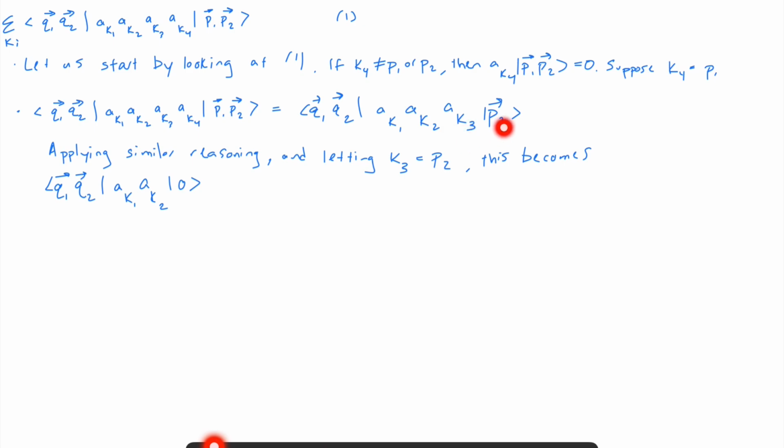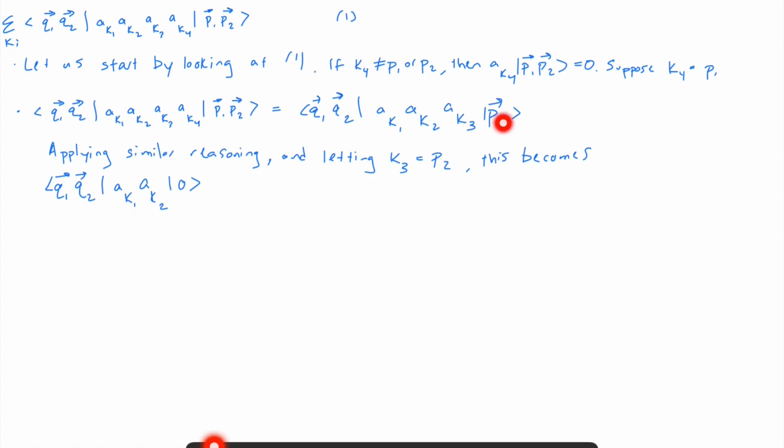Here's a_k3 applied to p2. This takes on a sum, still the sum over all possible p-values. If k3 is not equal to p2 during the sum, that will always give us 0, so that won't contribute. So let's just look at the case during the sum when k3 happens to be equal to p2. That's the only thing that could potentially contribute, and that gives us this over here.